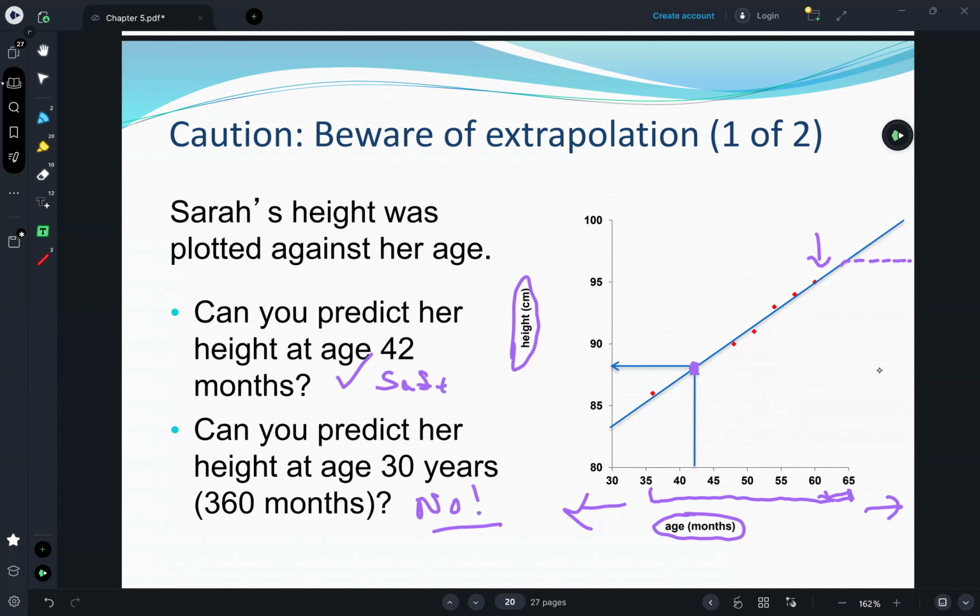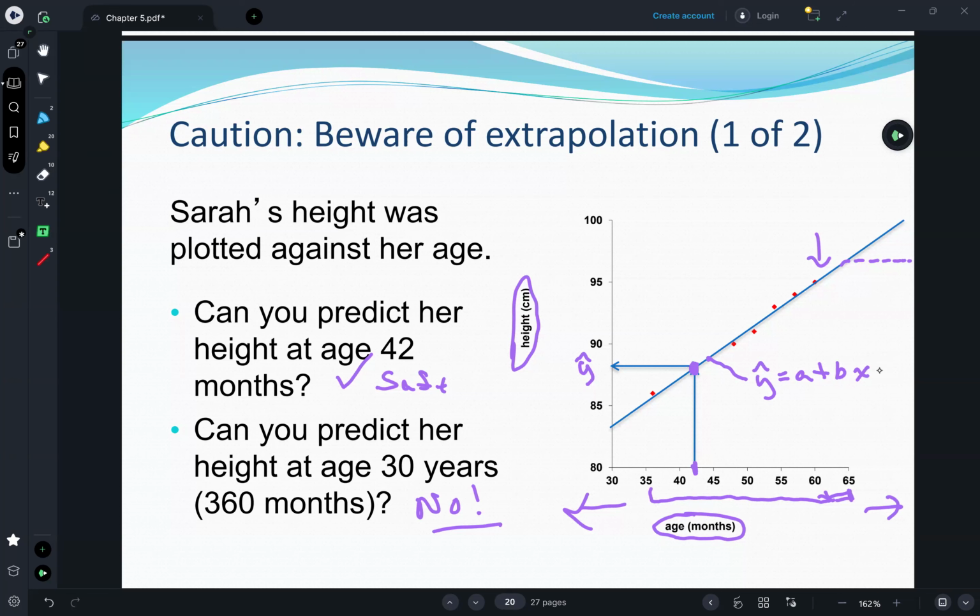Can you predict her height at age 42? If we put in age 42 right here, yes, this is safe. We can easily predict that value. The y hat would be right here, the output. The line is y hat equals a plus bx, and if you put in 42, you get an output based on the line.